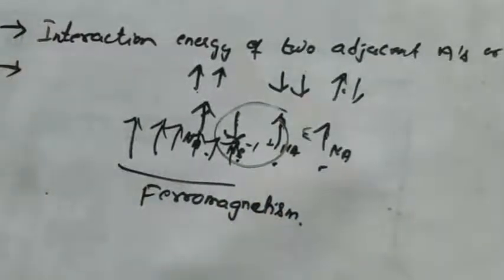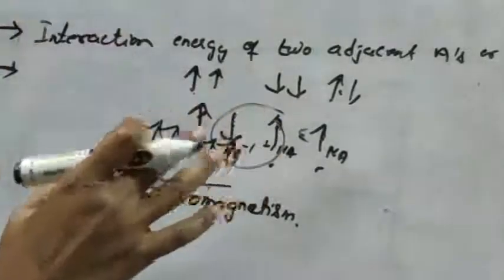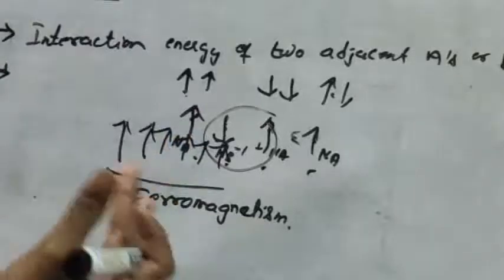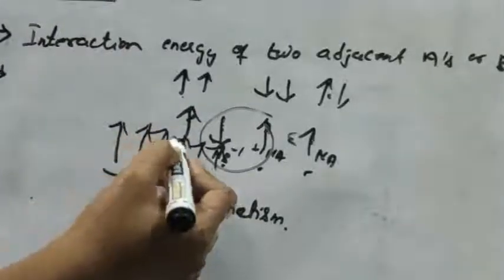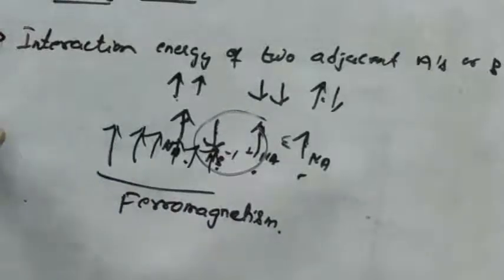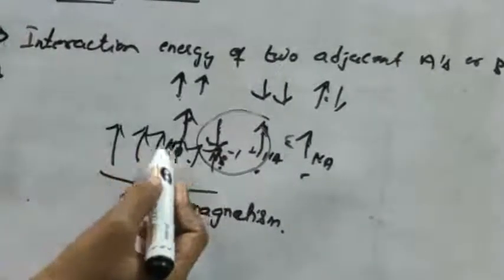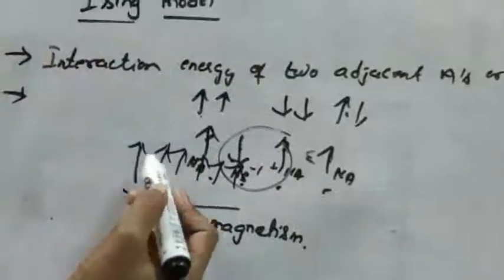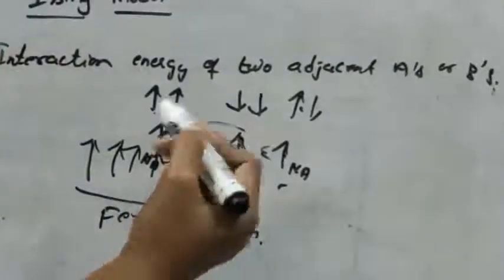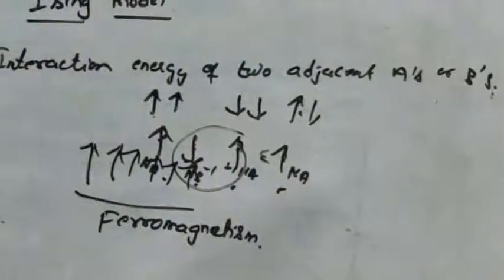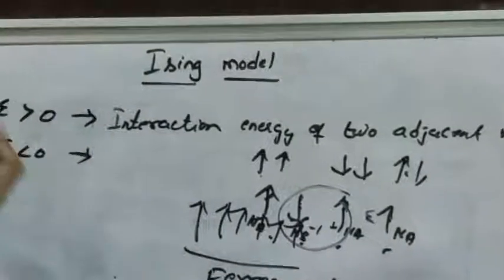In a ferromagnetic material, the spins of all molecules are aligned in a single direction. So if the interaction energy is greater than 0, all the molecules are parallel to each other, and hence it leads to ferromagnetism.